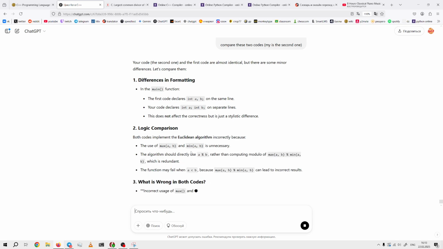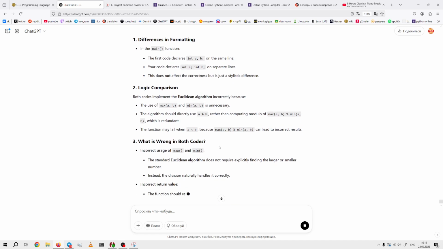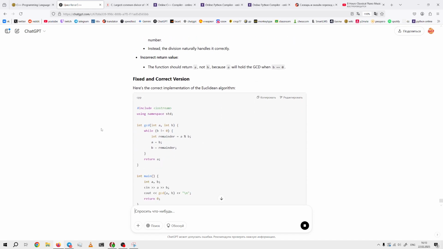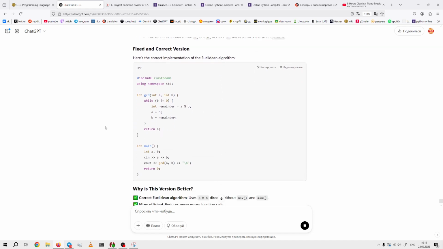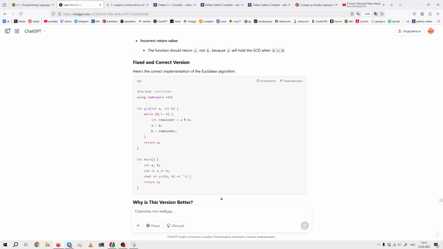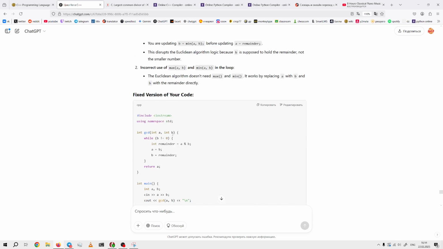The use is unnecessary. B is not equal to 0. Oh, whoa.